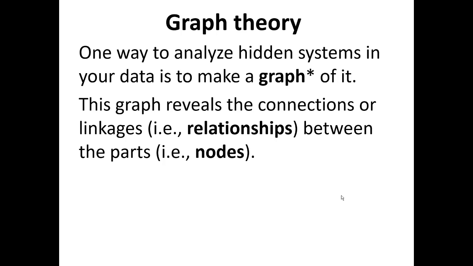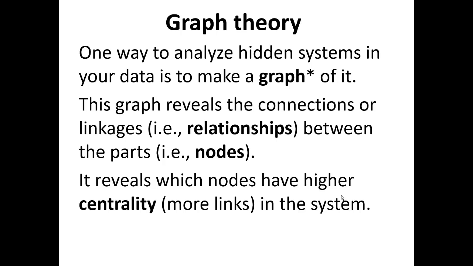It's really more like a drawing that shows lines between points. This graph reveals the connections or linkages, sometimes called relationships, or in some cases relations, between the various parts, or nodes. In our case, the nodes are people living on the 3rd floor, and the relationships are that this person likes that person.